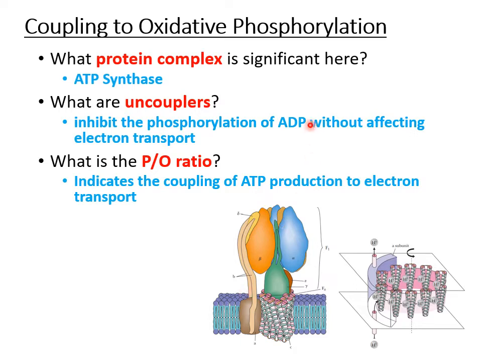There are also terms that I want you to know, known as uncouplers. Uncouplers are basically compounds that will inhibit the phosphorylation of ADP without affecting electron transport, meaning that when uncouplers are present, ATP synthase will no longer be linked to electron transport.